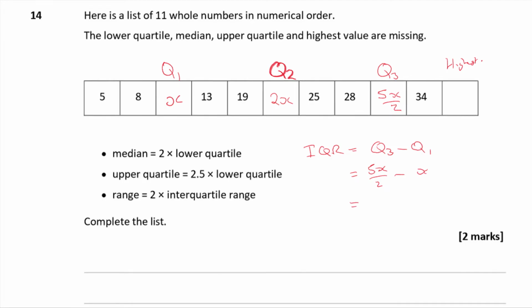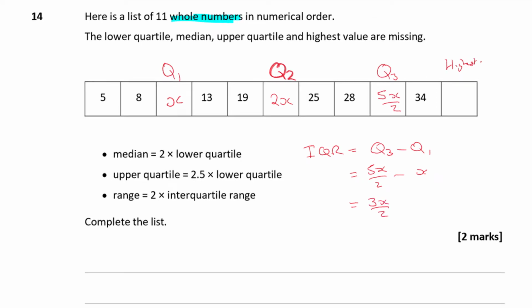So what's that then? So x is 2 halves, so 5 halves minus 2 halves, that's 3 halves, isn't it? So that's 3x over 2. Now remember, it says the range is 2 lots of the interquartile range. So we know the interquartile range is 3x over 2. So that means the range is going to be 3x over 2 times 2, which is just 3x, isn't it? So the range is 3x.